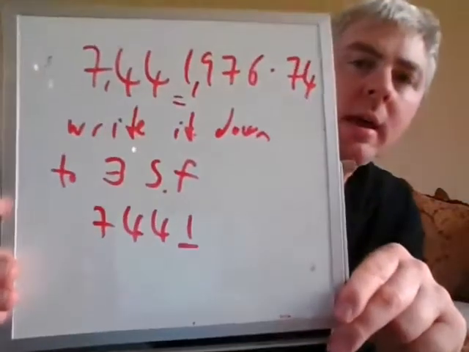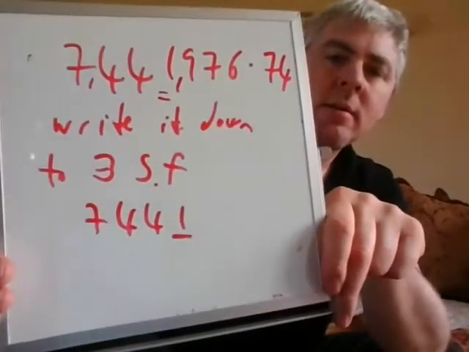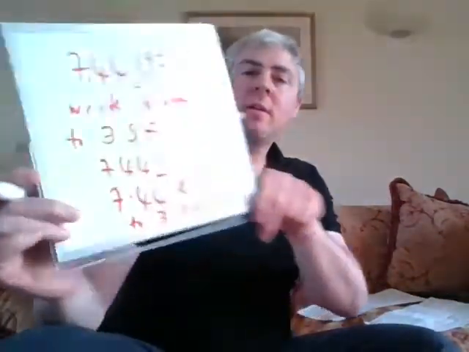You look at the 1 there, and it's below 5, so it's not going to push the 4 up to 5. So the answer is 7.44 times 10 to the 6 to 3 significant figures.